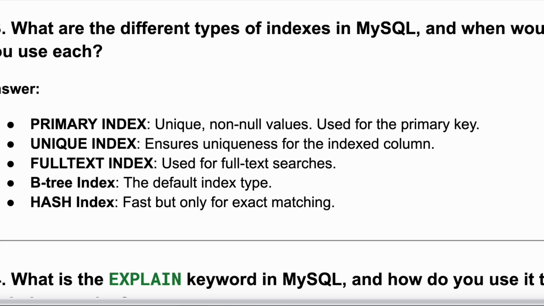Then we have a unique index, which ensures uniqueness of the indexed column. Then we have a full text index used for full text searches, and then we have b-tree index, the default index type, and then we have hash index, which is fast but only for exact matching.